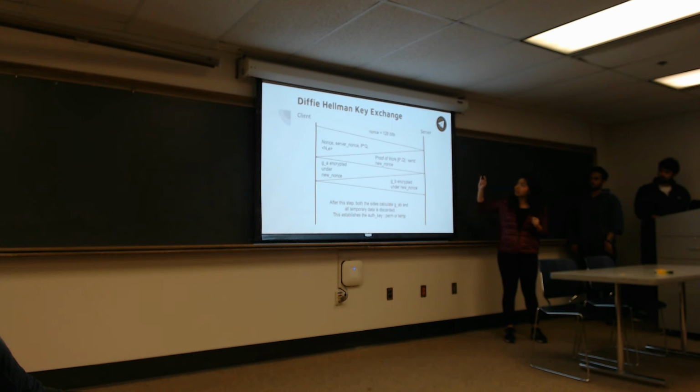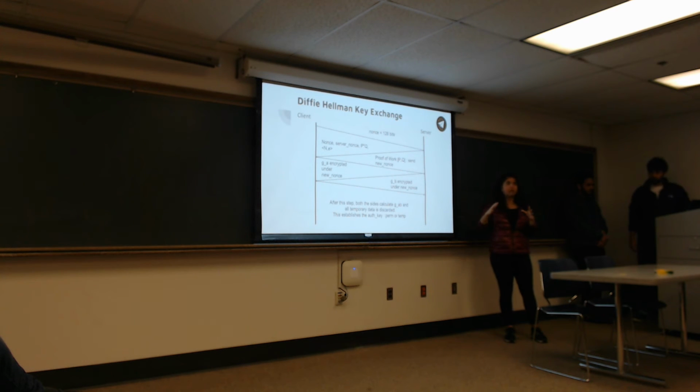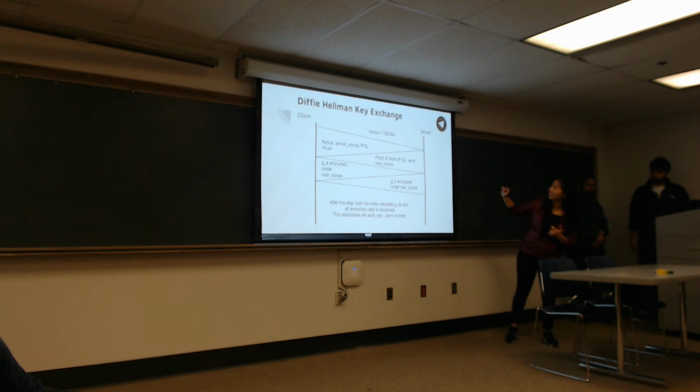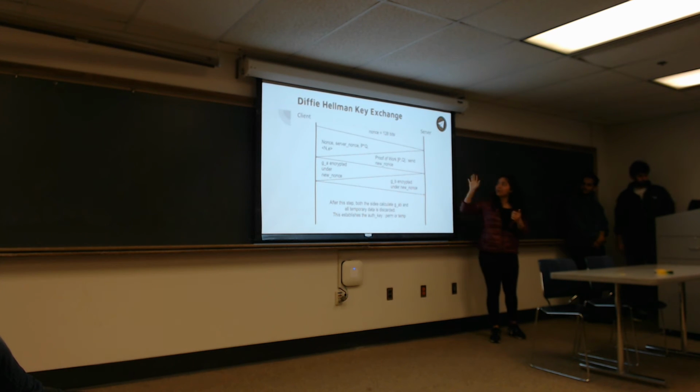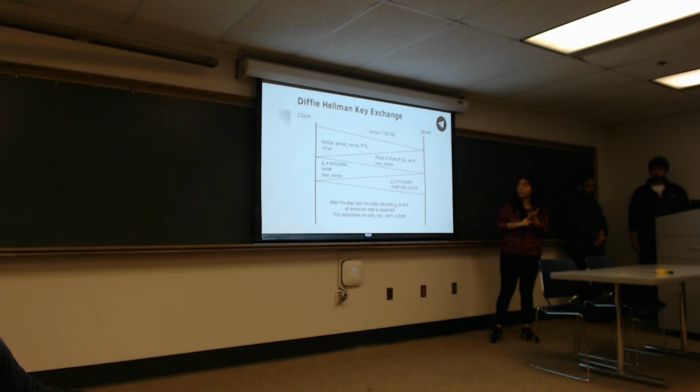And it sends a new nonce to the server, which is encrypted under a shared key. That's correct. So it also sends across p and q in the next message, and a new nonce.